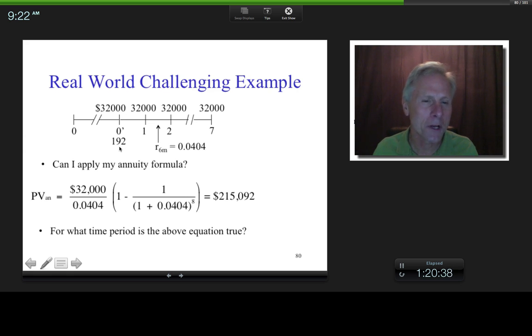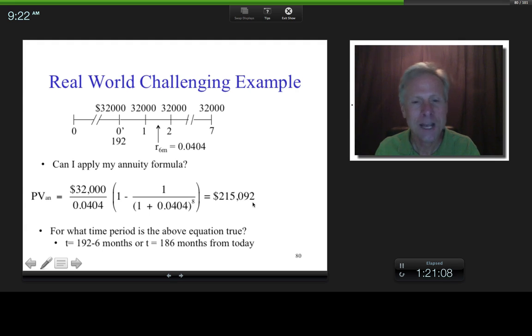So what's one period earlier than 192? Is it 191? Sorry, no, it's not 191. Because how long are these periods? These are 6-month periods, right? And so what is one 6-month period earlier than 192? 186, right? Okay, so 192 minus 6 months comes to 186. So this is true for time period 186 months from today.